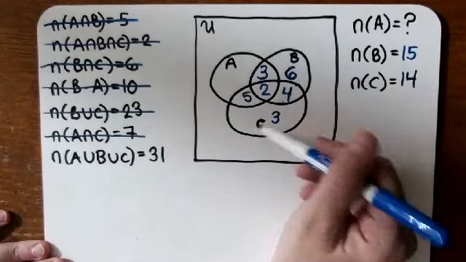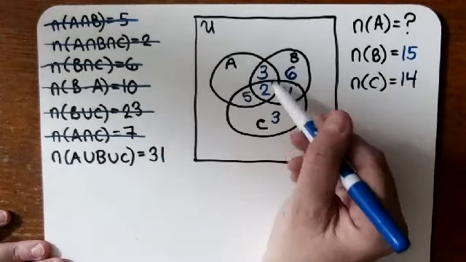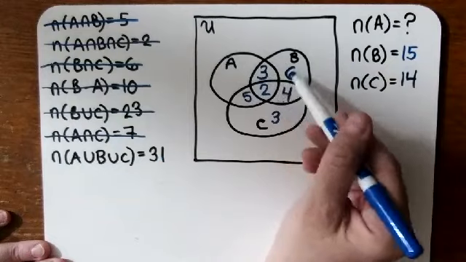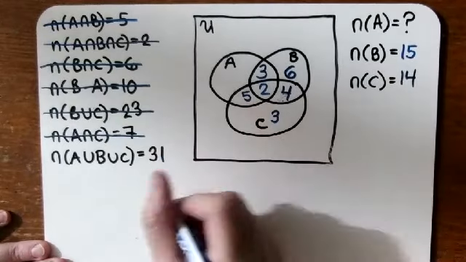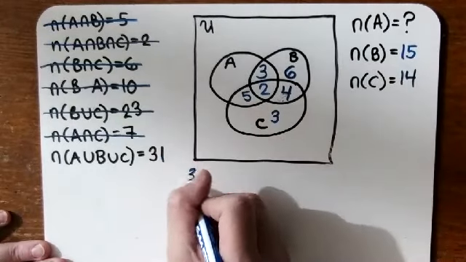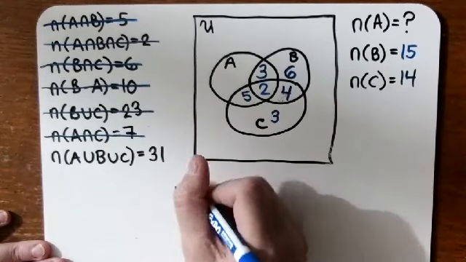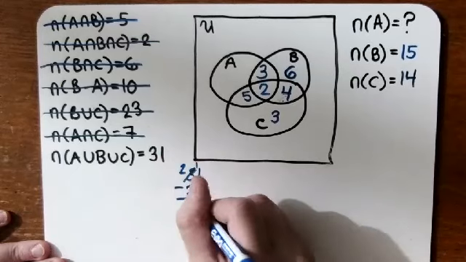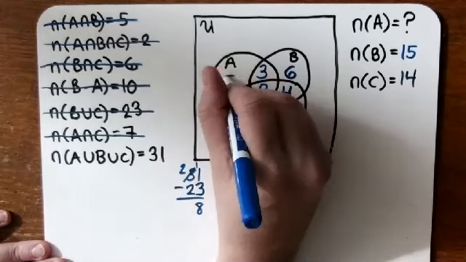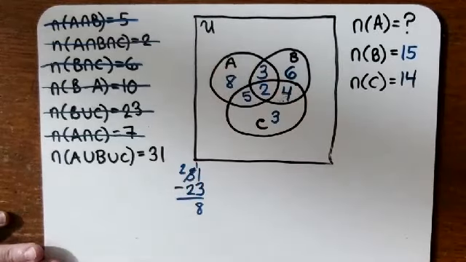We just said that there was 23 in these 6 regions, right? So in our missing region, we have 31 minus 23, for an amount of 8 elements left in this region.